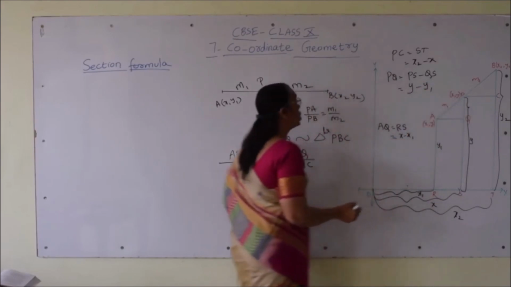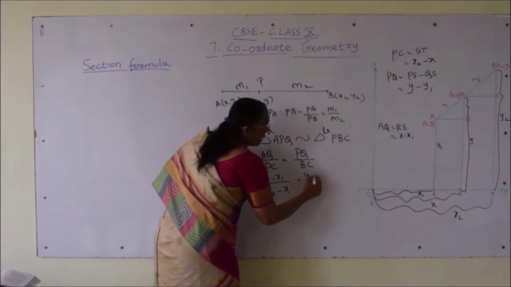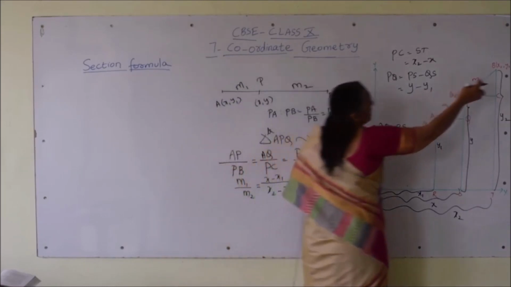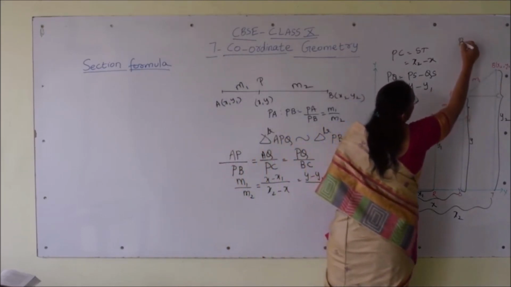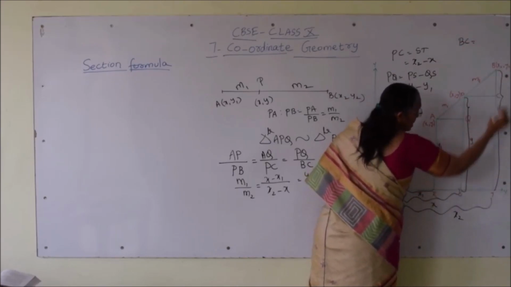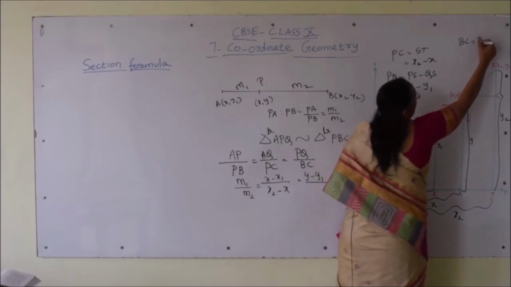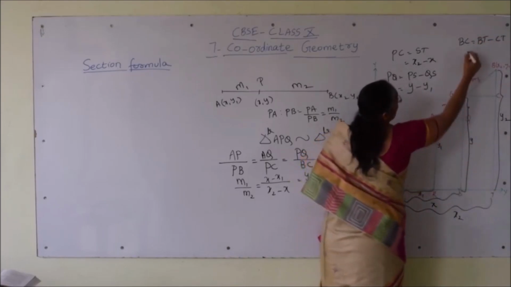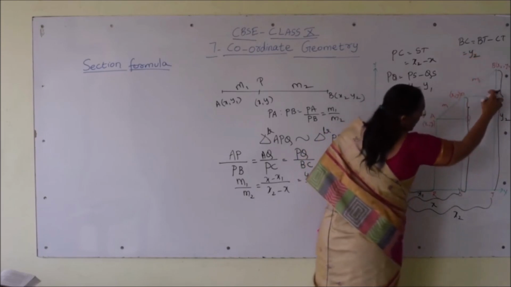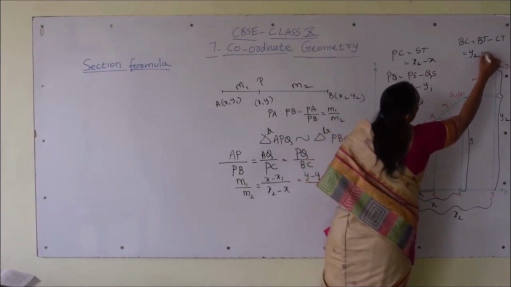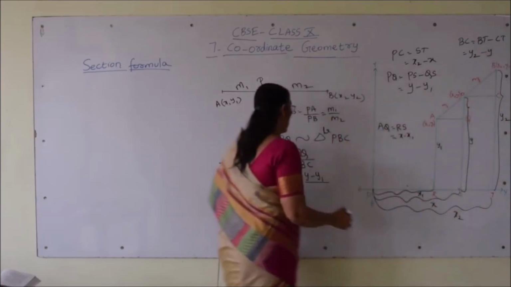So PQ is equal to y minus y1. Now BC. BC is equal to BT minus CT. The whole BT length is y2 minus CT. CT is the same as PS, and PS is y. So y2 minus y.